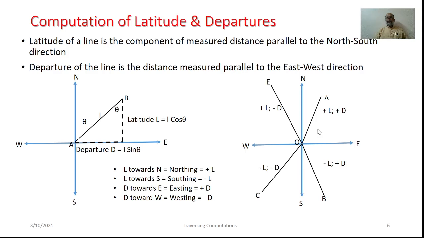Similarly here, say for line OA, departure towards east is considered to be easting with positive value, whereas for line OE as well as line OC, the projection on the west is treated as westing and it is termed with negative sign.